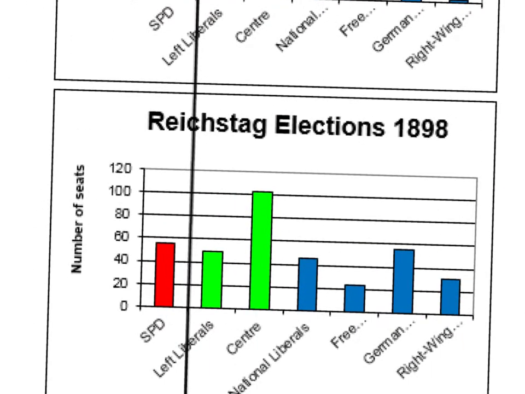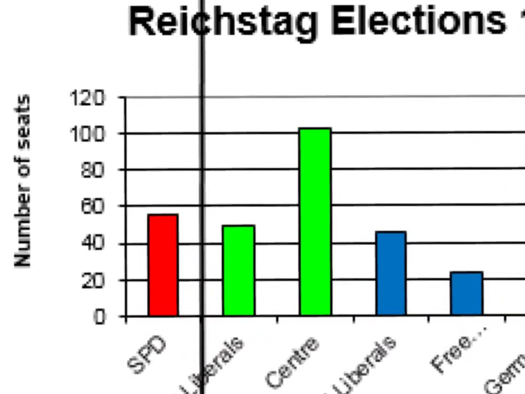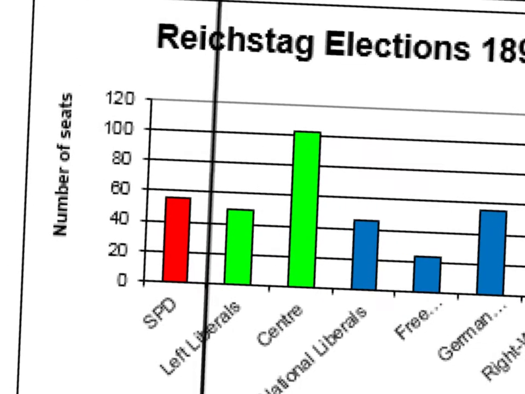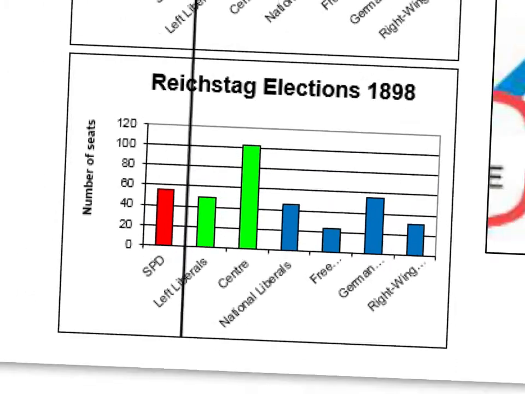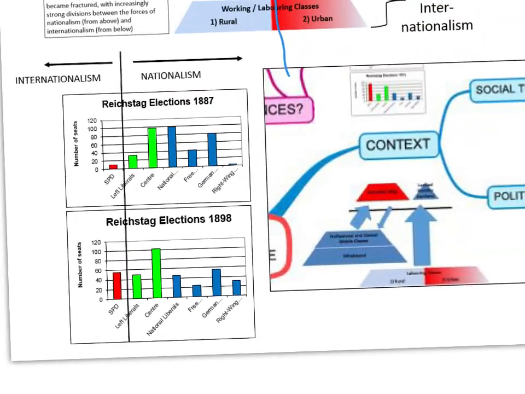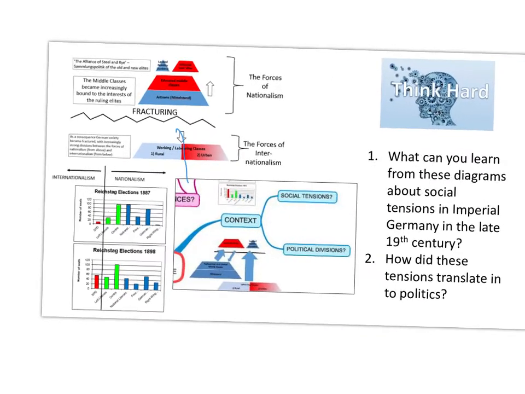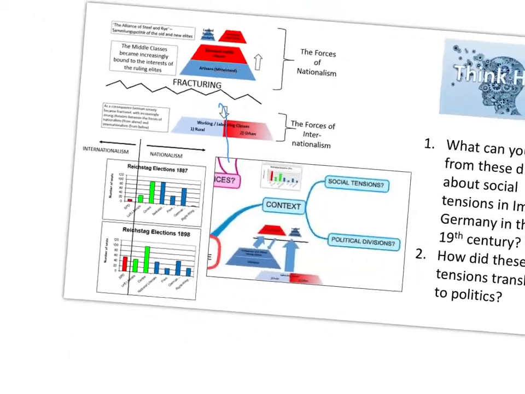By 1898, the SPD have achieved nearly 60% of the vote, and they have become effectively the second largest party in the Reichstag, and eventually in 1912 they became the largest party in the Reichstag. So there's the diagram that captures the social fracturing, the social divisions, and how those tensions translated into Reichstag elections.